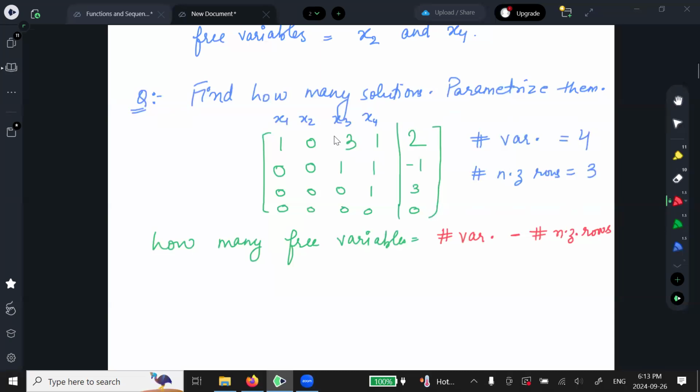Okay. So what do you get here? Well, let's just start the staircase pattern. So I have a pivot here. I have to continue going. Oh, I see a pivot here, right? I have to continue going. I see a pivot here. There you go. Which columns got the pivot?